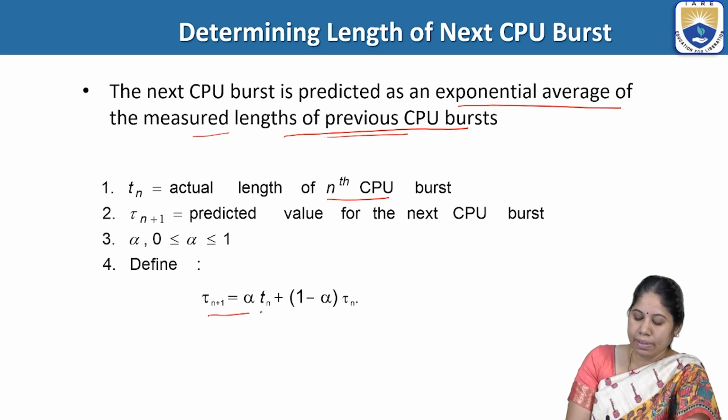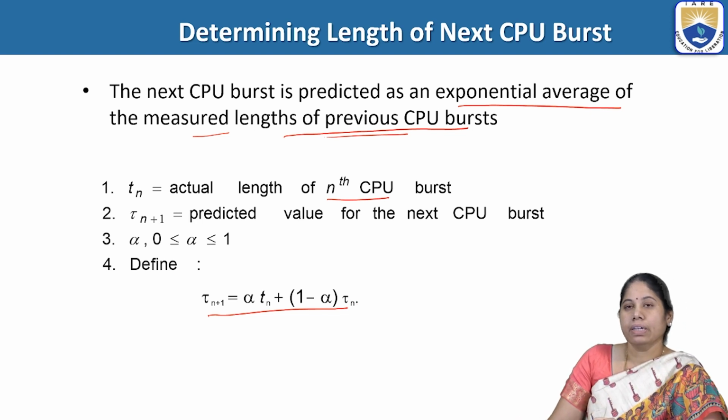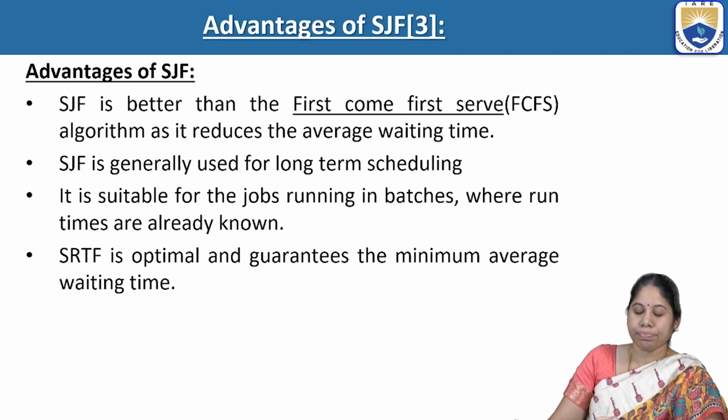So this is the formula: tau n plus 1 equals alpha times Tn plus 1 minus alpha times tau n. This is the formula we use for predicting the length of the next CPU burst.